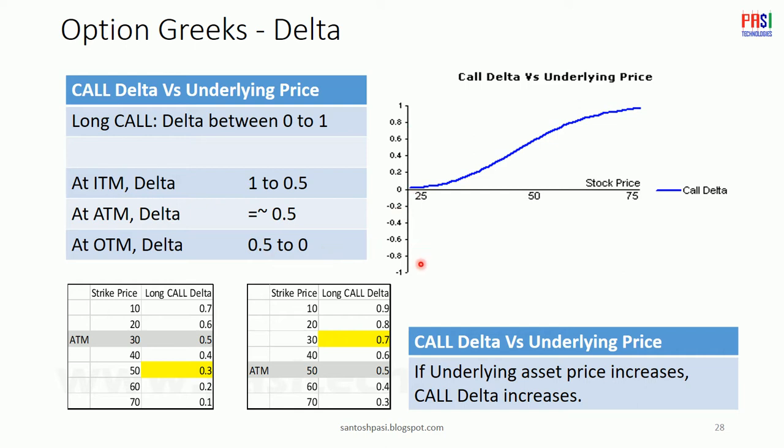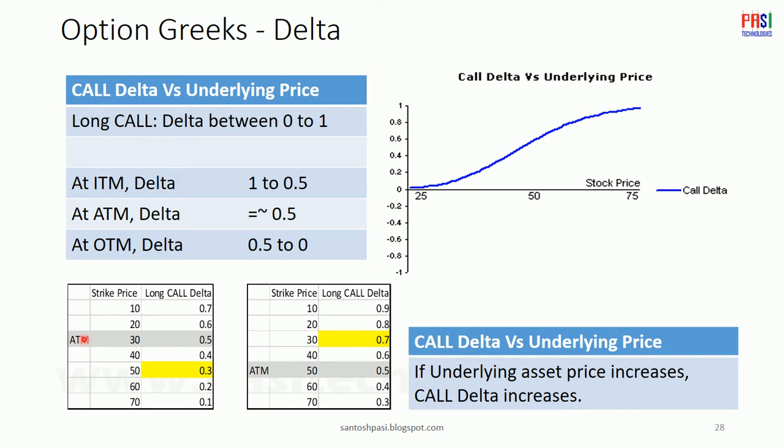In this graph, as you can see, as price increases, my delta value also increases. The same thing is written here: if my underlying asset price increases, my call delta increases. Let's take an example. Say a symbol is trading at 30 rupees.